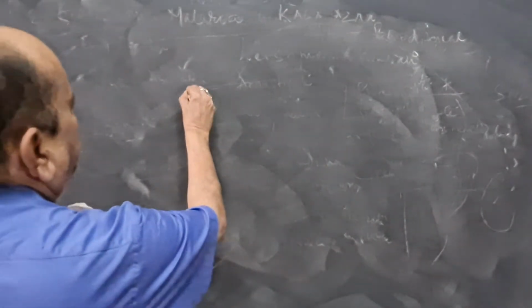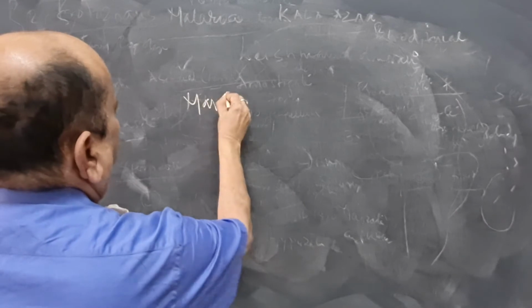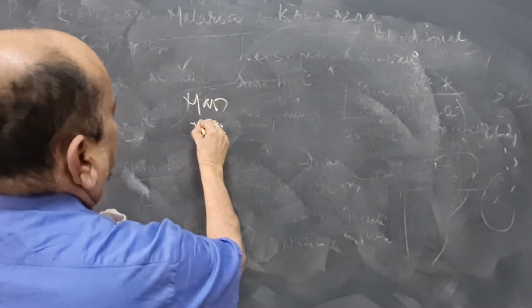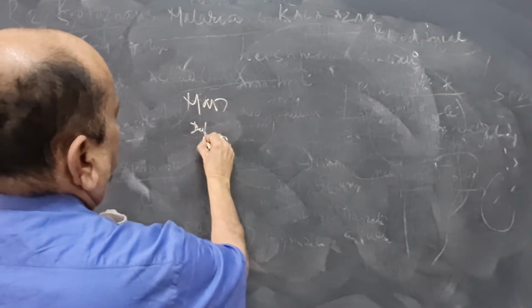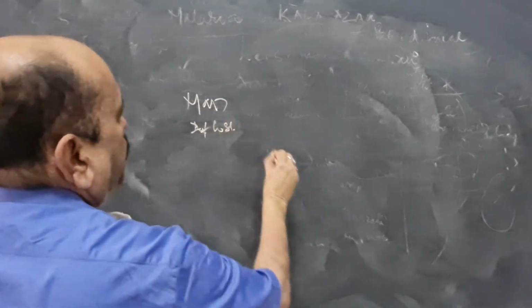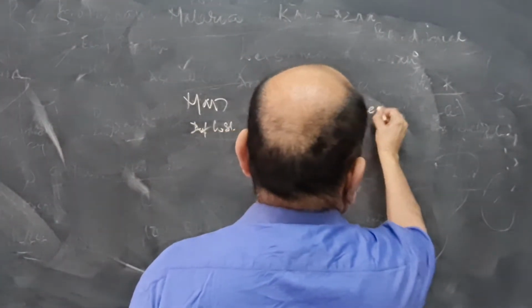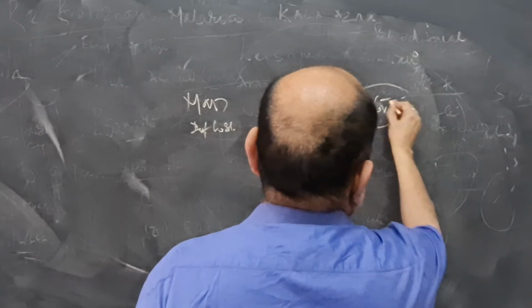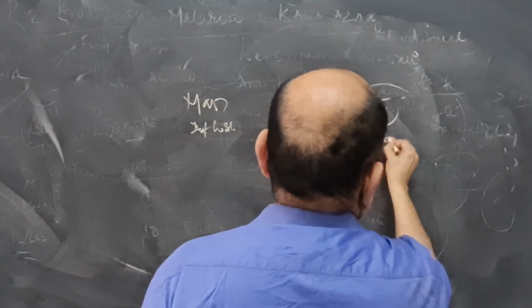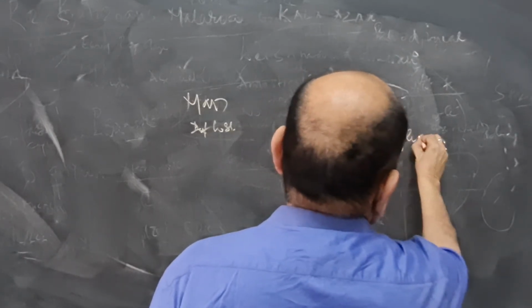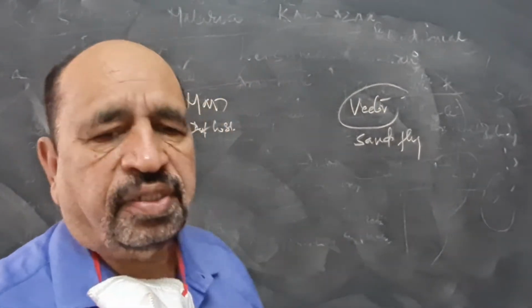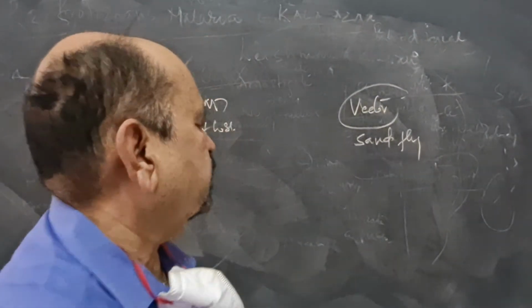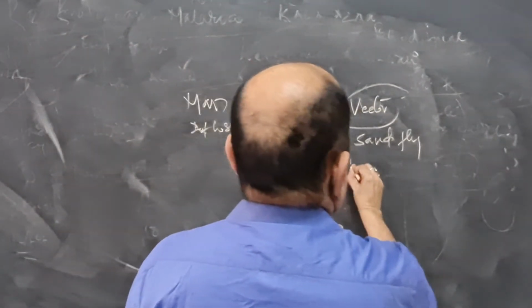The life cycle occurs between man and vector. Man is the definitive host. The vector is the sandfly, Phlebotomus argentipes, which is the zoological name.